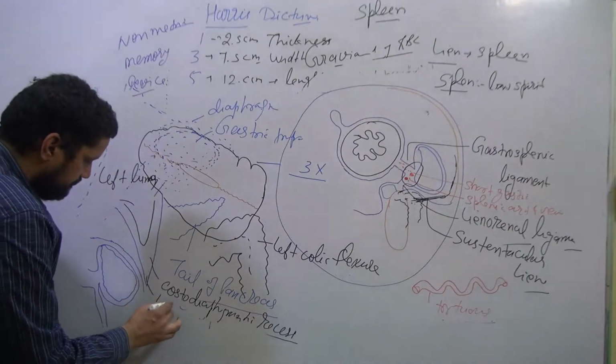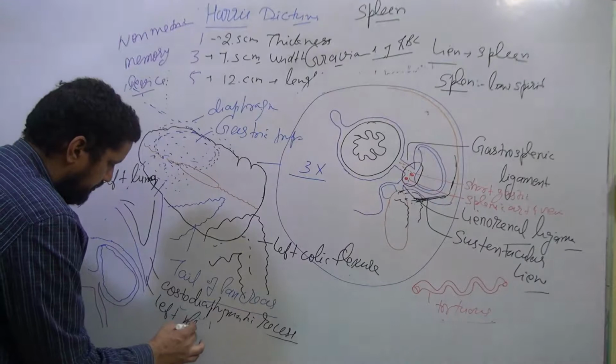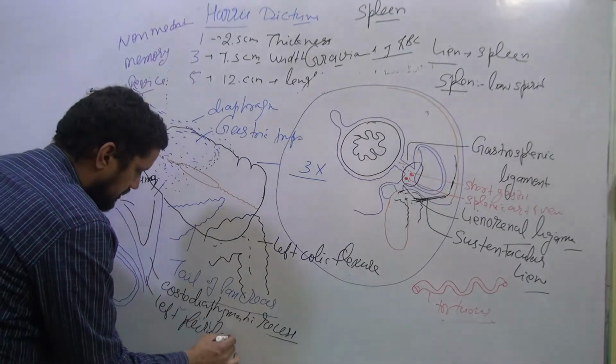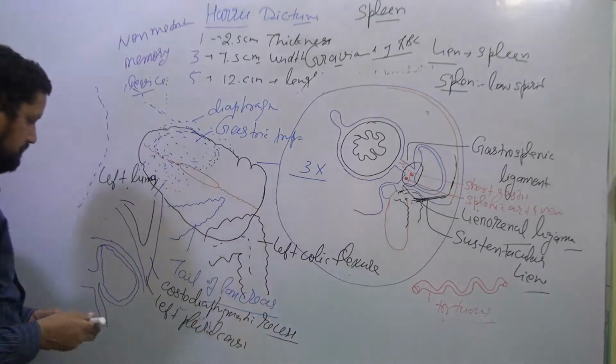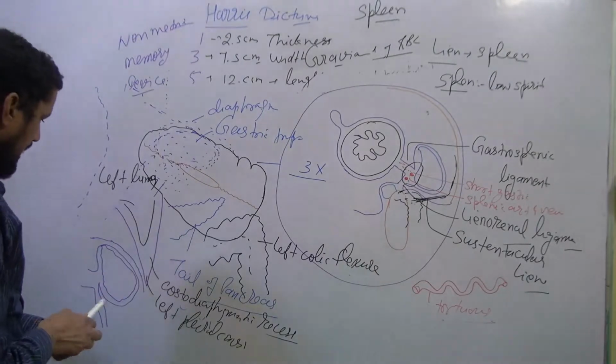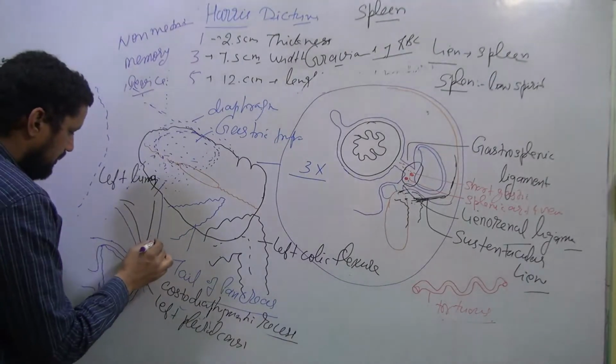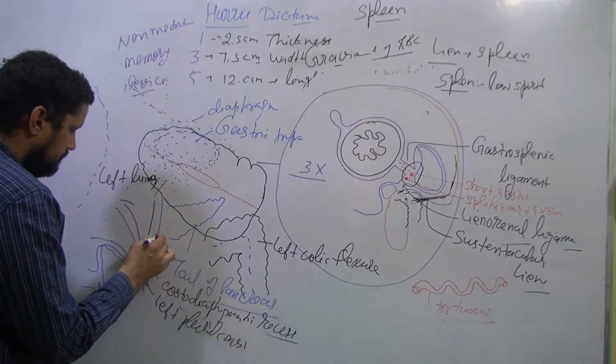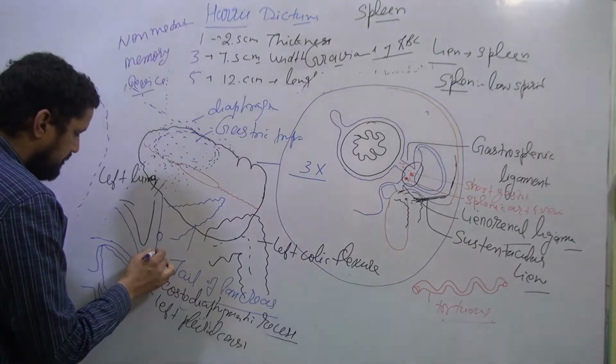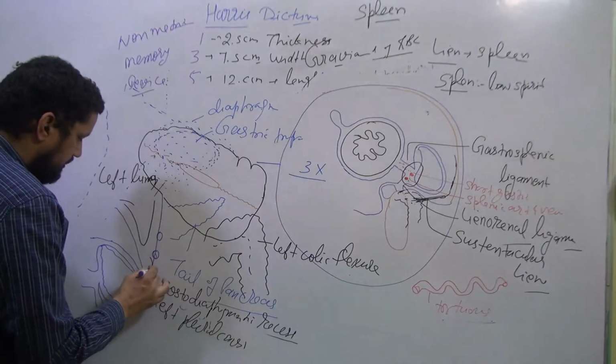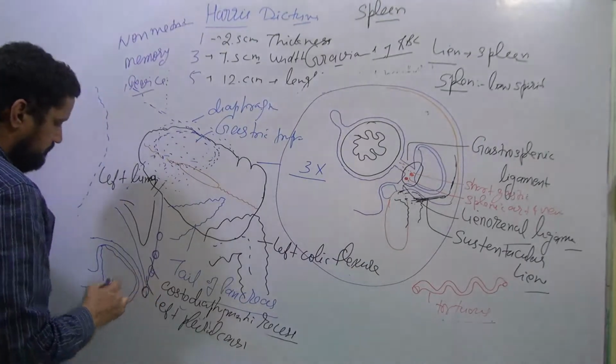So left pleural cavity, and rib numbers 8, 9, 10 and 11.